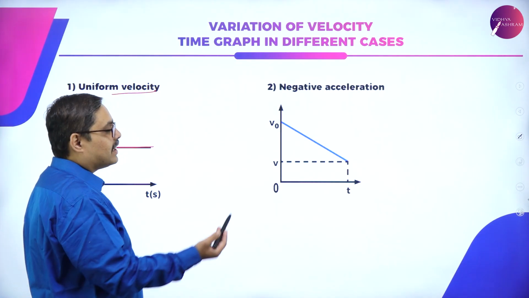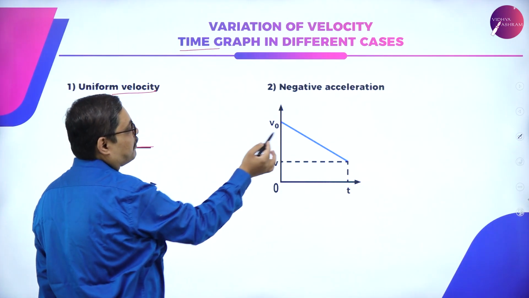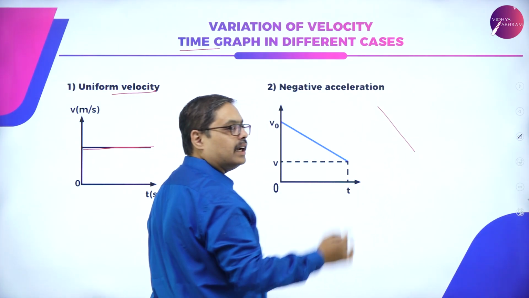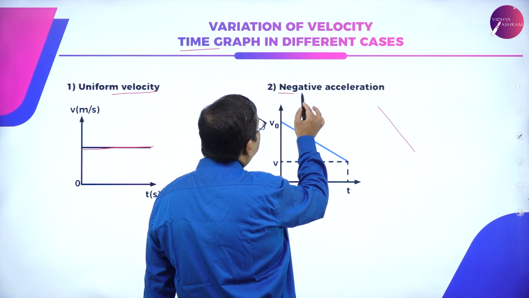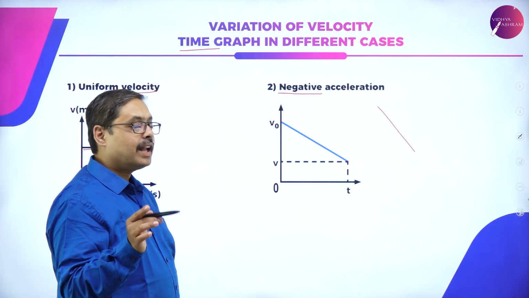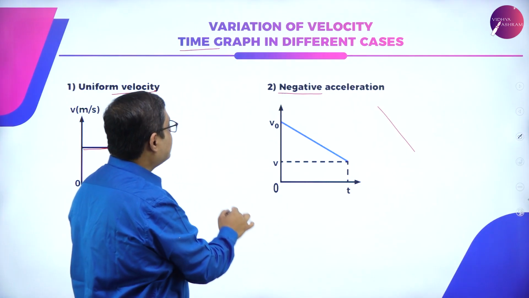What is negative acceleration? Acceleration in a velocity-time graph is represented by a slant line or an inclined line. If that inclined line is pointed downwards, the acceleration is negative in nature. Please remember, if the inclined line is pointing downwards, the acceleration is negative.